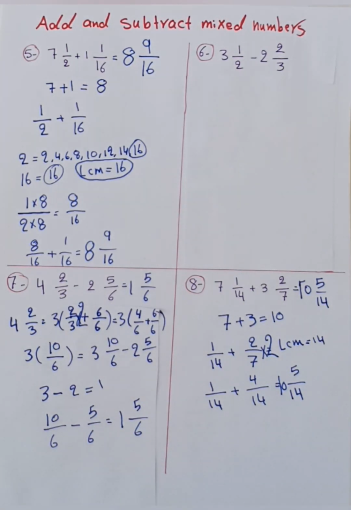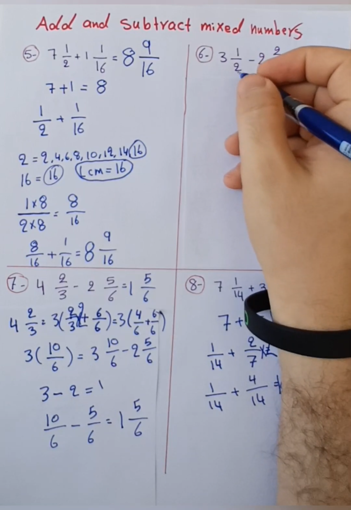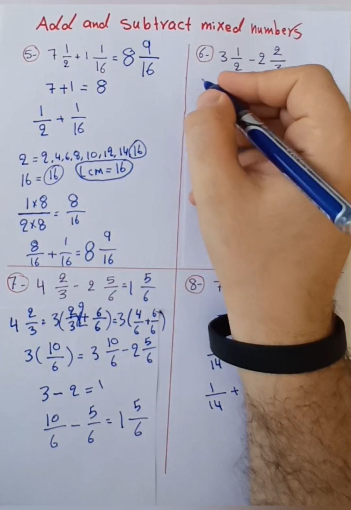Example number 6, we have 3 and 1 out of 2 minus 2 and 2 out of 3. When we solve this mixed number, we can solve by the old way. We have to change the big mixed number first.